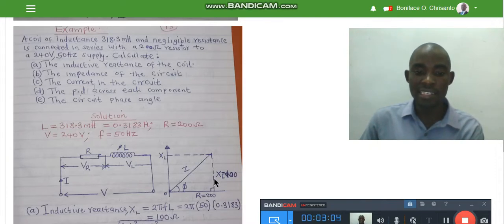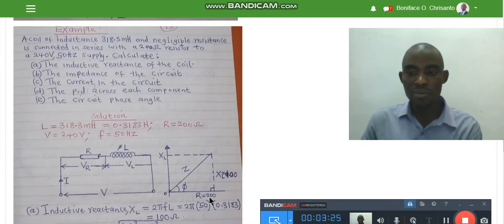It has the reactance, which is drawn along the vertical axis, and of course the hypotenuse of that triangle forms the impedance. So you can see that for you to come up with the impedance triangle, you must know the value of the resistance and you must know the value of the reactance.